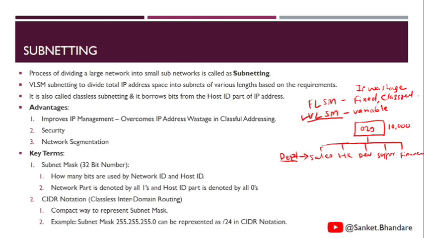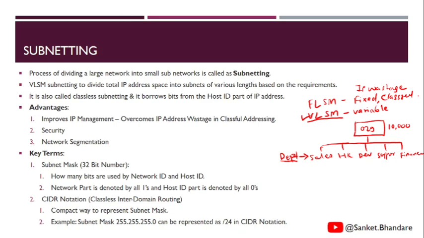So what are the advantages of subnetting? It improves overall IP management. In classful IP addressing there was a wastage of IP addresses. Let's suppose in classful addressing I wanted to create a network with 500 IP addresses.